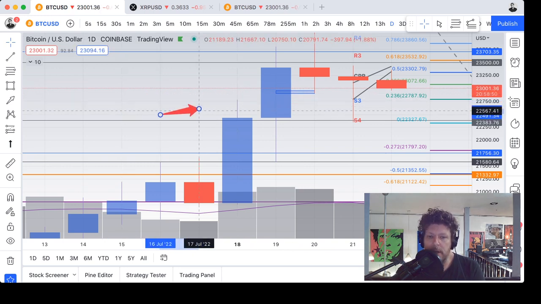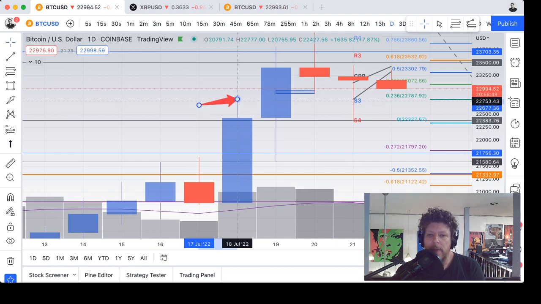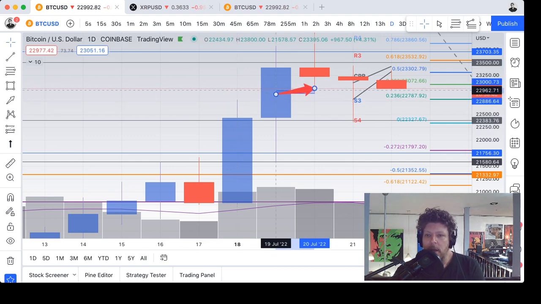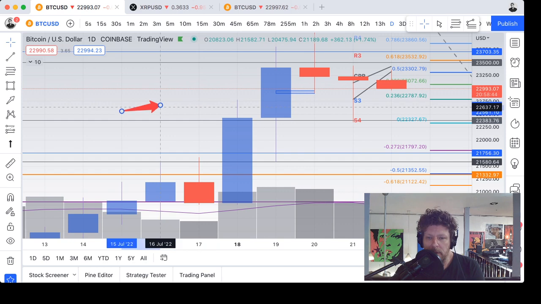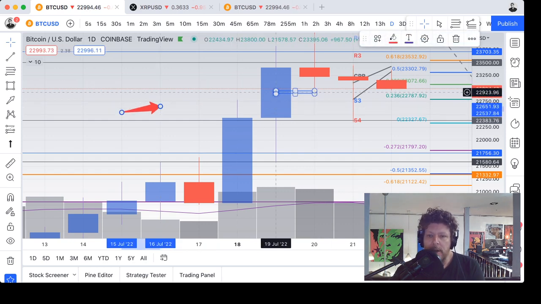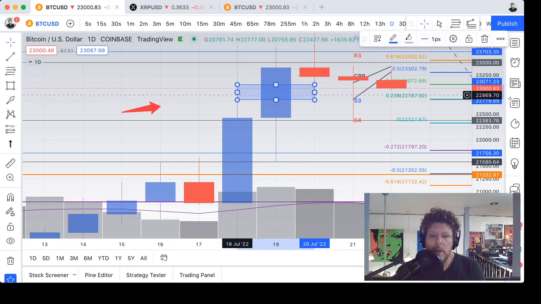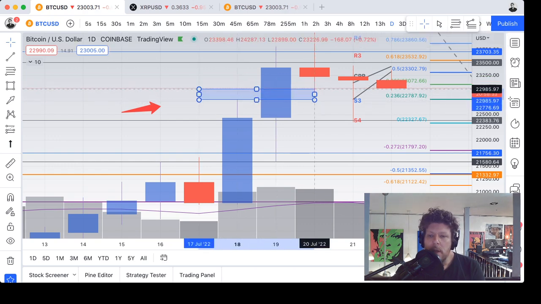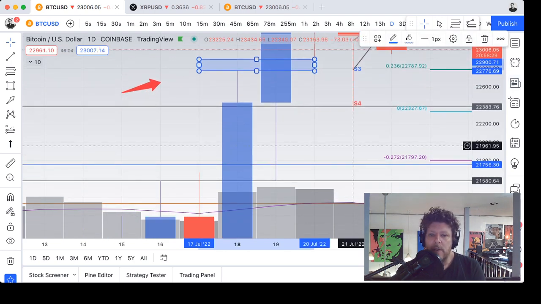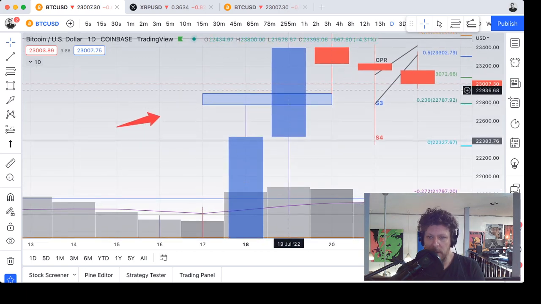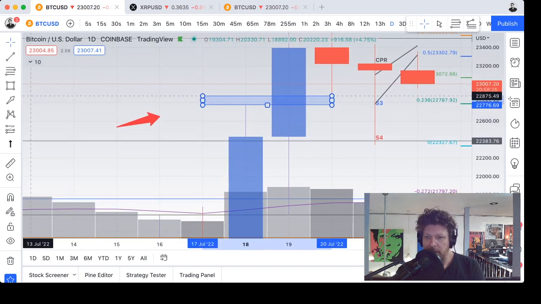Okay, so you can see right here, we have this wick, then we have this second candle, and then we have this third wick. So I can see that there is a little gap between those wicks. And I'm just going to draw that out for you. Where's the bottom of that? Okay, so we got this tidy little zone, this little fair value gap here.